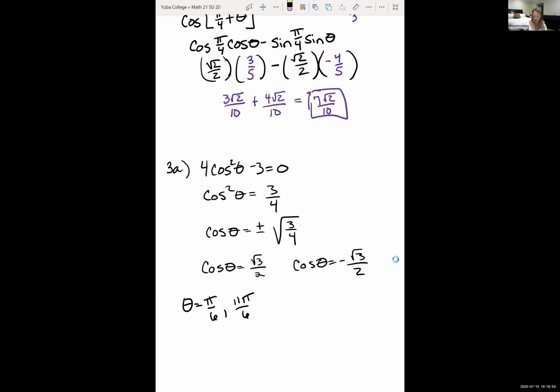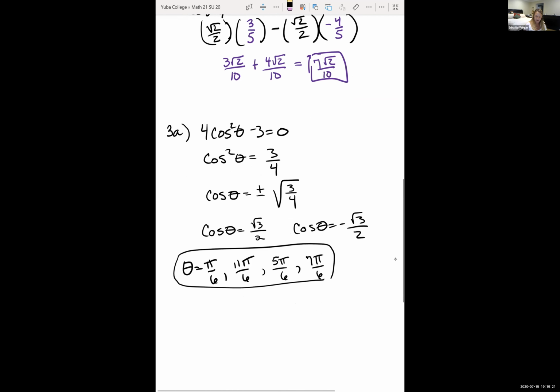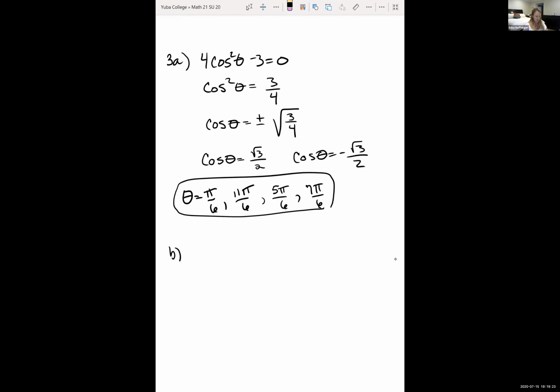For negative, that would be quadrant 2 and quadrant 3 for cosine. So pi minus pi/6, that's 6 pi/6 minus 1 pi/6, which is 5 pi/6. Or pi plus pi/6, 6 pi/6 plus 1 pi/6 is 7 pi/6. So here are the values between 0 and 2 pi for that. That was worth 5 points.